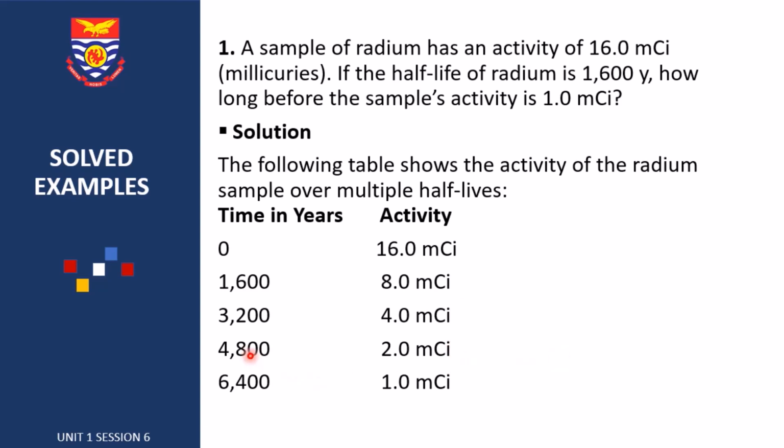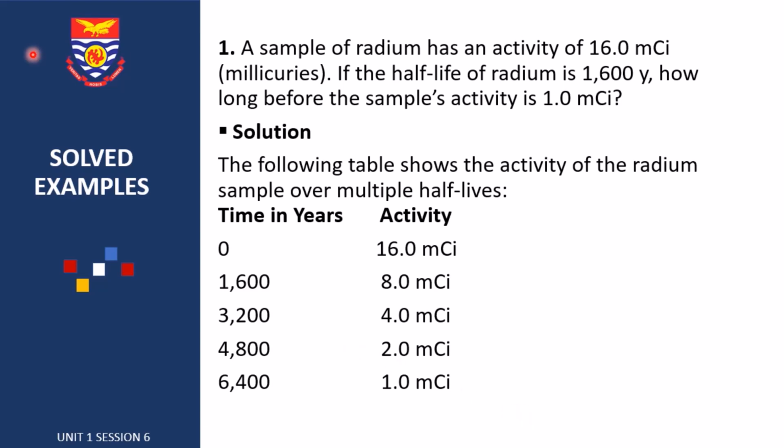Then after another 1600 years, which is the fourth period and brings the total to 6400 years, half of what we have at 4800 years will also decay. At 4800, we have 2 millicuries. So if half of it decays, we'll have 1 millicurie.